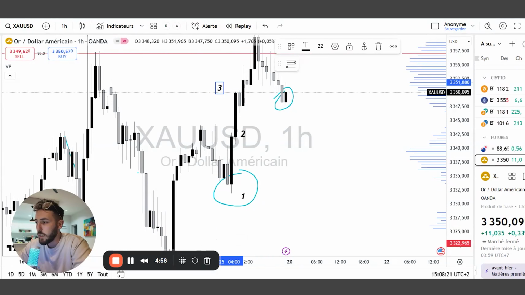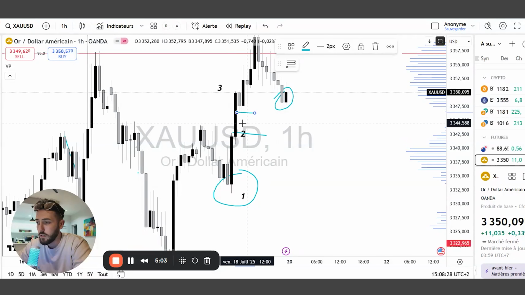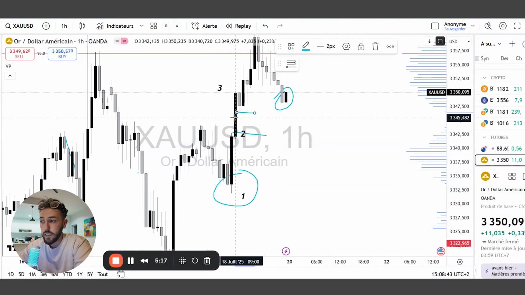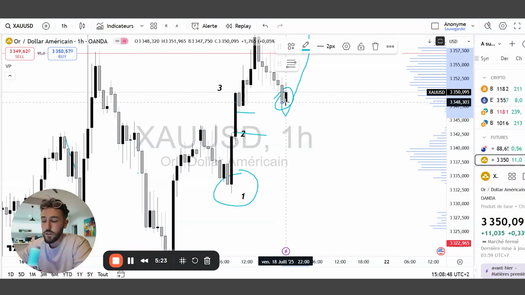So you can see that there's a gap between the top of the first candle and the bottom of the third candle. If there's a distance there, there is a fair value gap. And until the price goes a little bit inside, the price will probably aim for retracing up there.